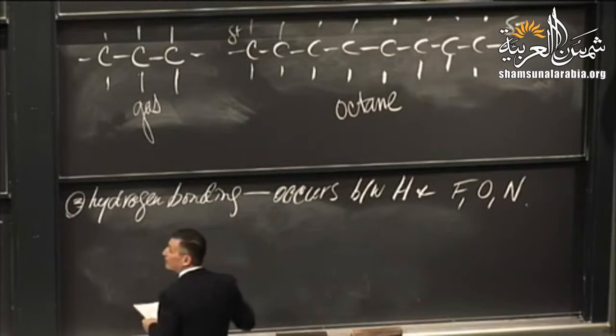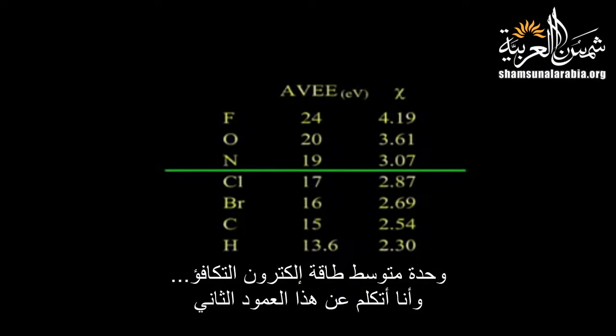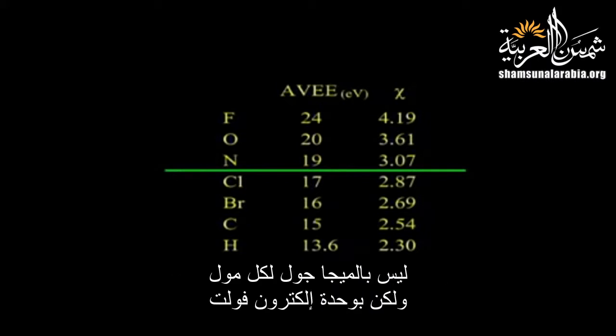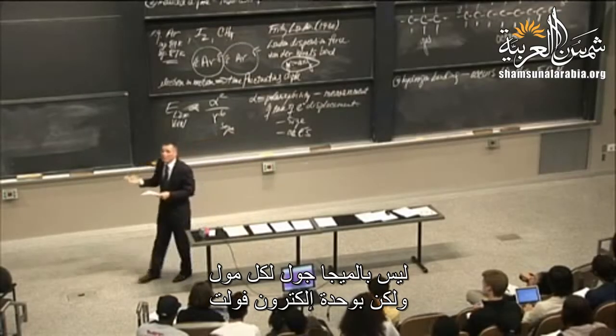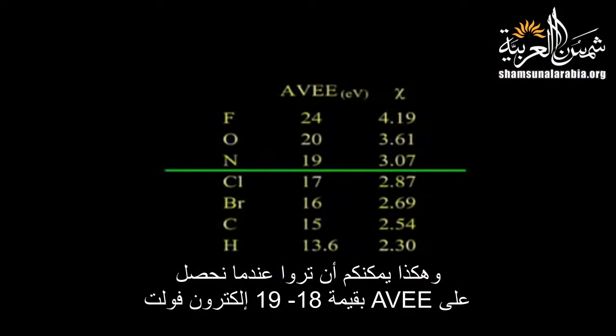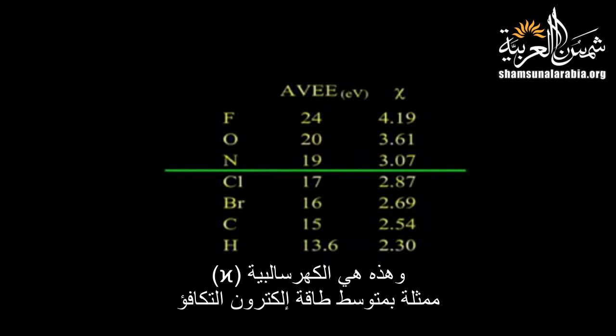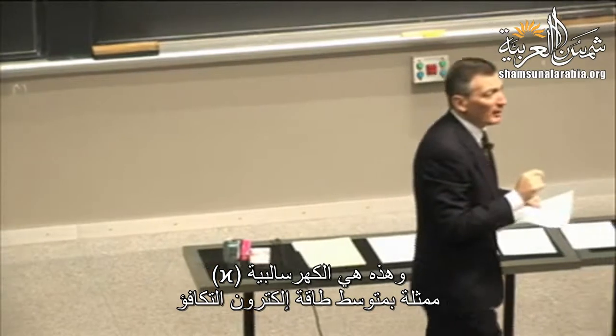Well, why these? Because they have very, very high average valence electron energy. The average valence electron energy, I'm quoting in that second column, not in megajoules per mole, but in sensible units like electron volts. And you can see when you get up around 18, 19 electron volts, you cross a threshold. That's the electronegativity as represented by average valence electron energy.